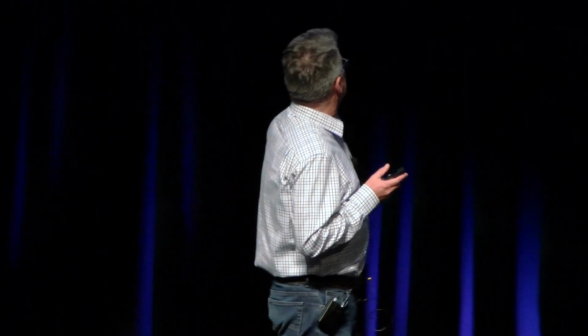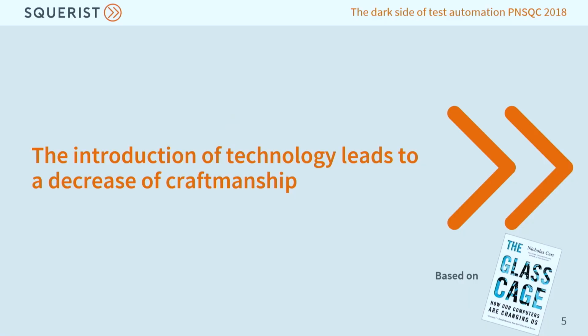What's the test design technique you used? Yeah, that's something from ISTQB, isn't it? Can't remember it. Some organizations, I think, are testing less well because of test automation. And that is what we can learn from the Inuit. So the introduction of technology can lead to the decrease of a craftsmanship.